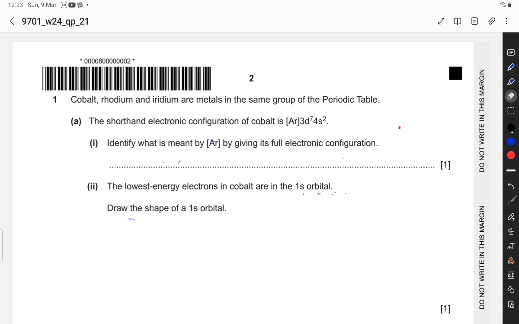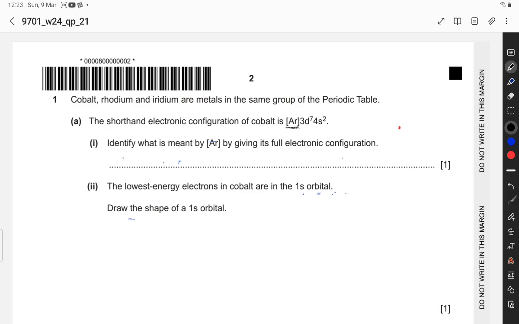[Ar]3d7 4s2. Identify what is meant by Ar. Ar is short form, and it is argon, present in period 3.